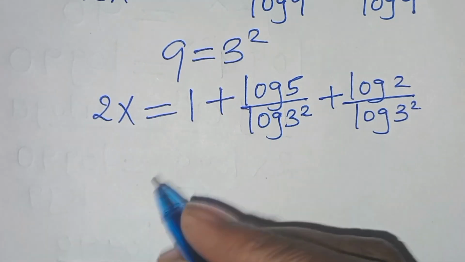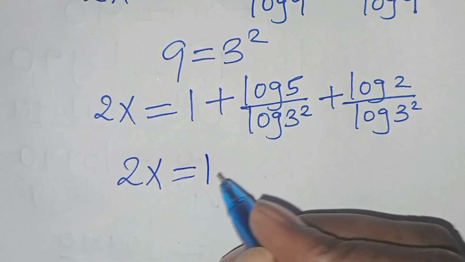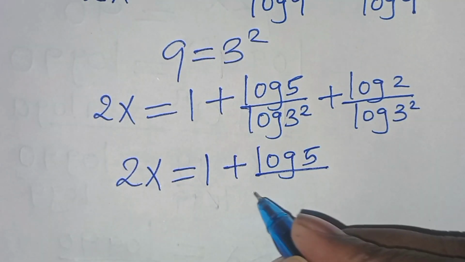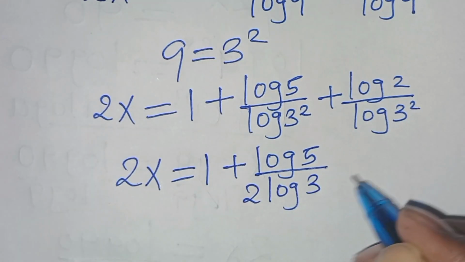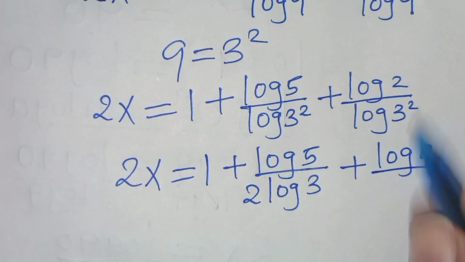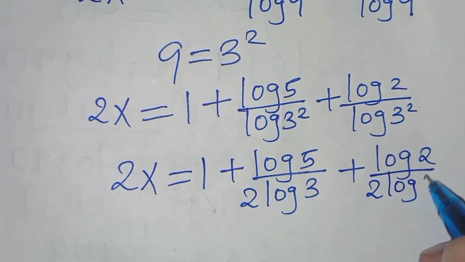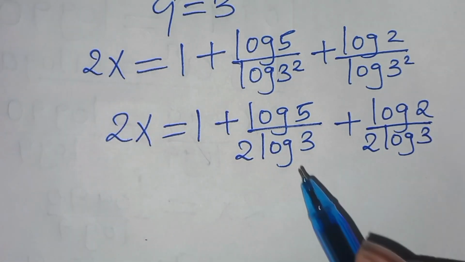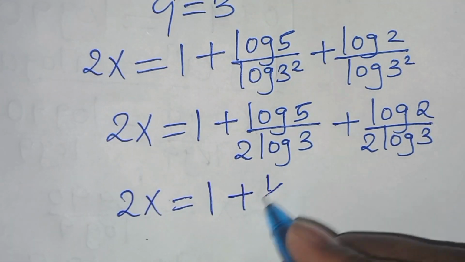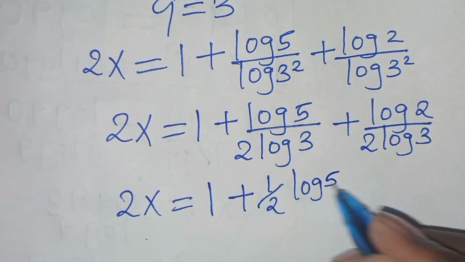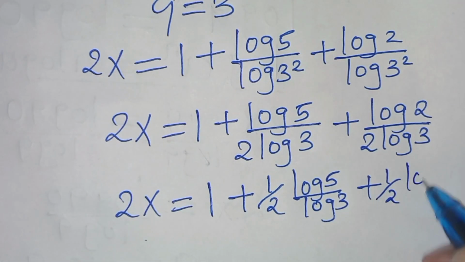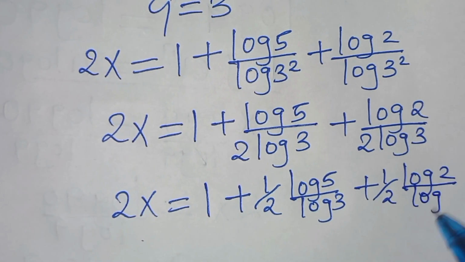So applying the power rule property here, we have 2x is equal to 1 plus log 5 divided by log 3 to the power 2, which becomes 2 log 3, then plus log 2 divided by log 3 to the power 2, which is 2 log 3. Now, this implies that we have 2x is equal to 1 plus half, this is log 5 over log 3, then plus half, this is log 2 over log 3.